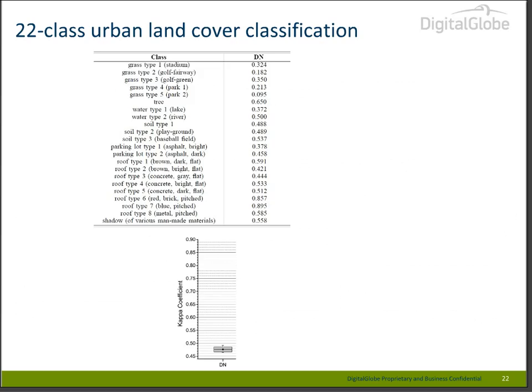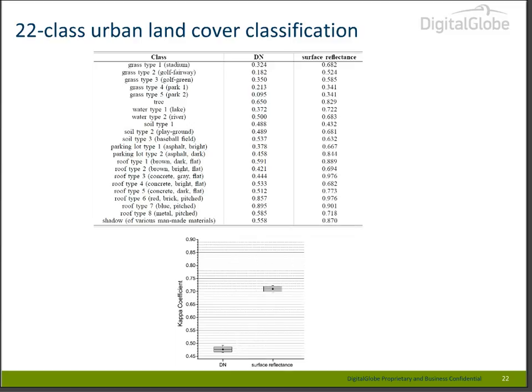And to put this in a larger perspective, in our 22 class urban land cover classification, what I'm showing here is the kappa coefficient of these classes, and you can see that we didn't get better than 48% accuracy using digital numbers. And what we can notice is that the grassy surfaces have a very low accuracy that ranges between 10 and 35%. So this is usually not acceptable.